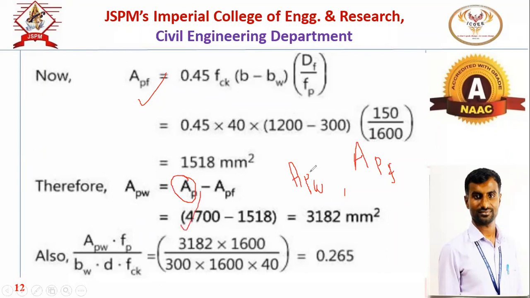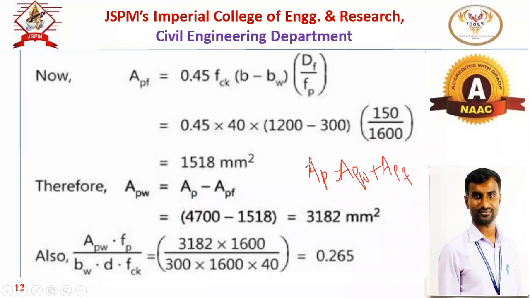Then, using that formula for the reinforcement ratio, we want the area of pre-stress of the web. How to find it out? We know that the total area of pre-stress is equal to the area of pre-stress in a web plus the area of pre-stress in a flange.